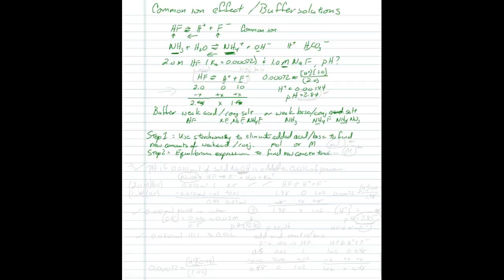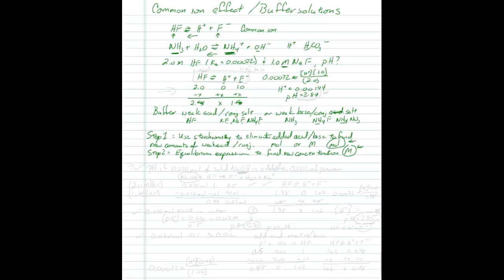Now, technically, it's best to do moles for stoichiometry and molarity for down here. It really doesn't matter which one you do, as long as you have equal amounts of solutions. If you don't have equal amounts of solutions, then you do have to make sure this is moles and this is molarity.